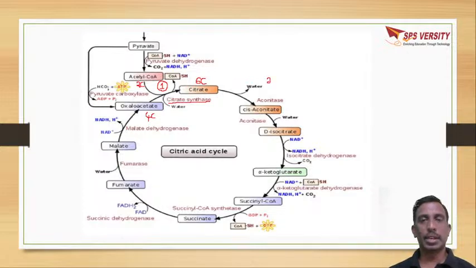The next reaction is the second one. It undergoes dehydration, which means removal of water. In the presence of enzyme aconitase, cis-aconitate is formed.